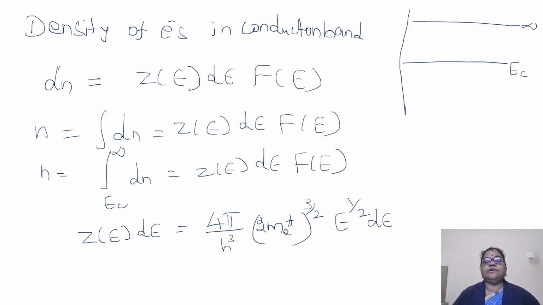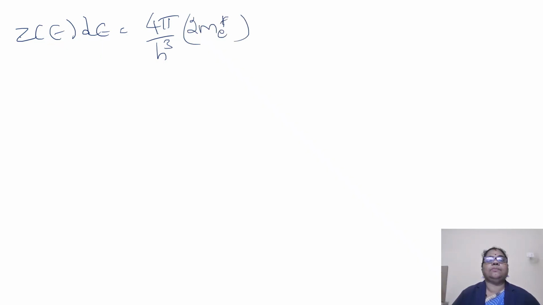With this, we can change the expression to Z(E) dE equal to 4π by h³, multiplied by (2m*) to the power 3/2, multiplied by (E minus Ec) to the power half into dE.